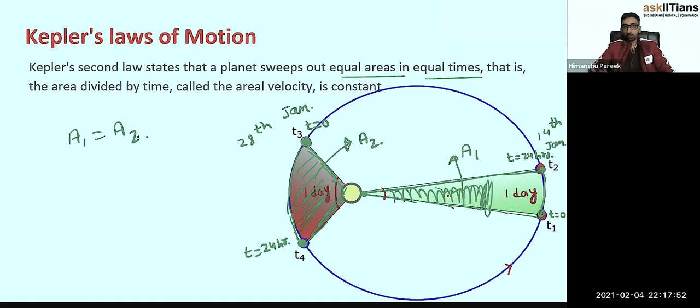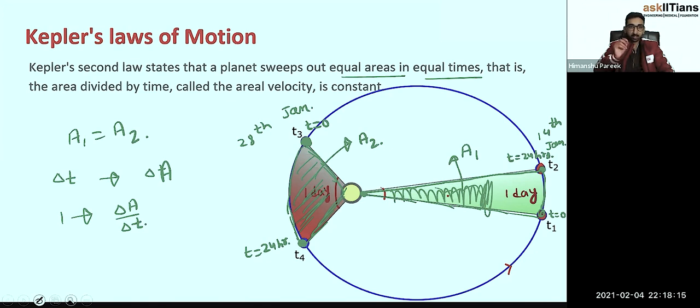This is what we call Kepler's second law of motion. Every planet covers equal areas in equal intervals of time. So in delta t time, let's say, it will cover delta A area. So in unit time, it will cover an area of delta A by delta t.